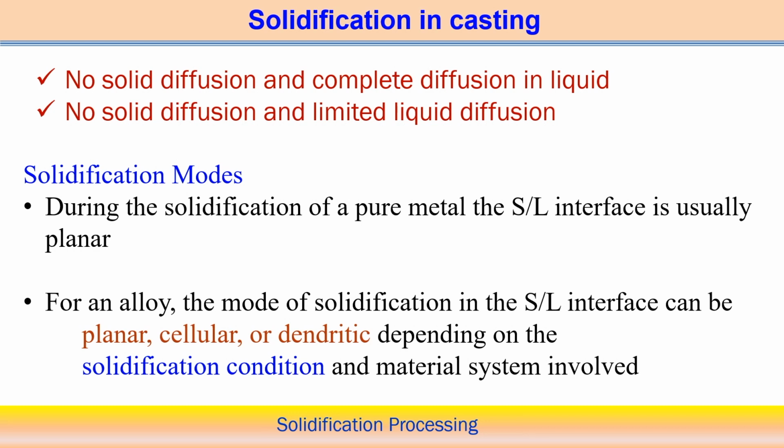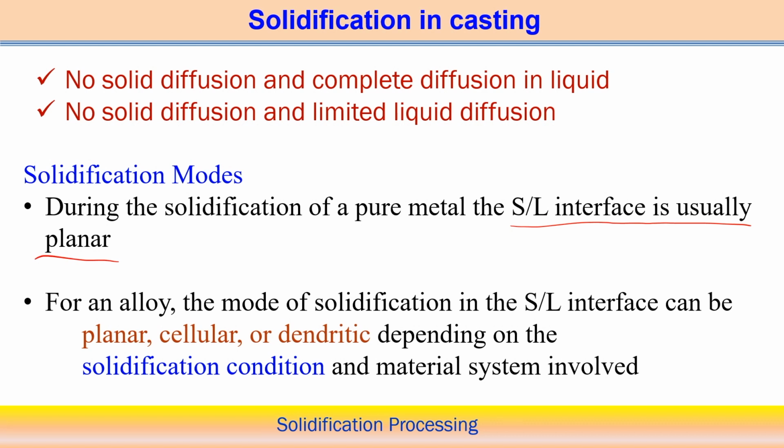Now that we understand the way solidification of the alloy system happens in the casting process, we try to understand the different modes of solidification overall. During solidification of a pure metal, the solid liquid interface is usually planar, though that is not always true.